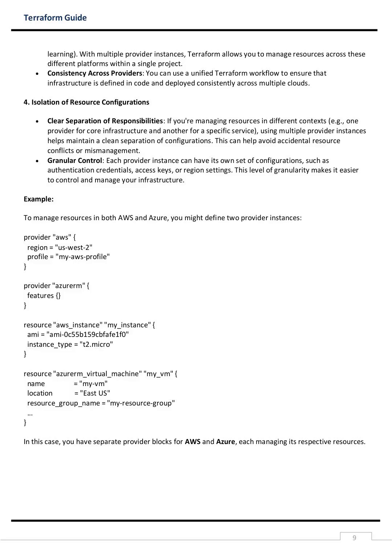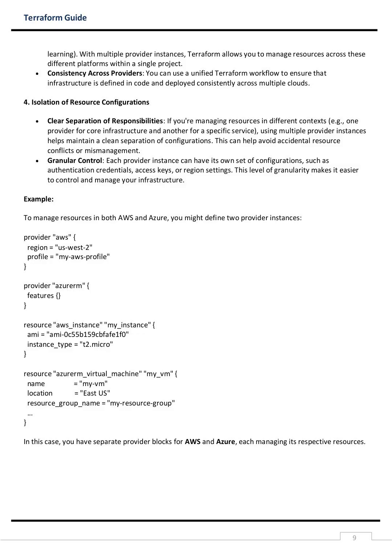With multiple provider instances, Terraform allows you to manage resources across these different platforms within a single project. Consistency across providers. You can use a unified Terraform workflow to ensure that infrastructure is defined in code and deployed consistently across multiple clouds. 4.